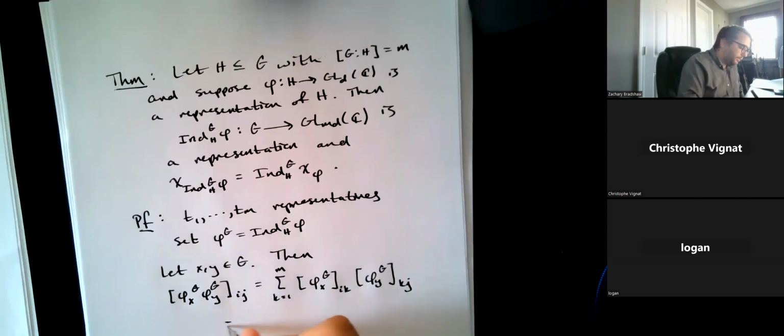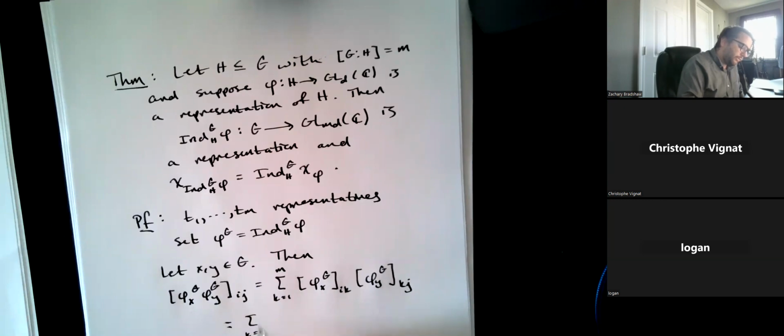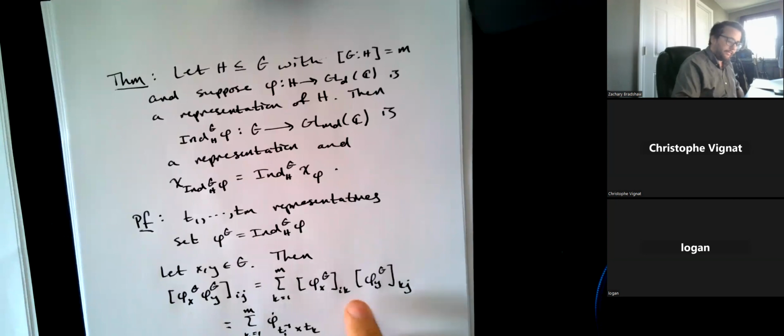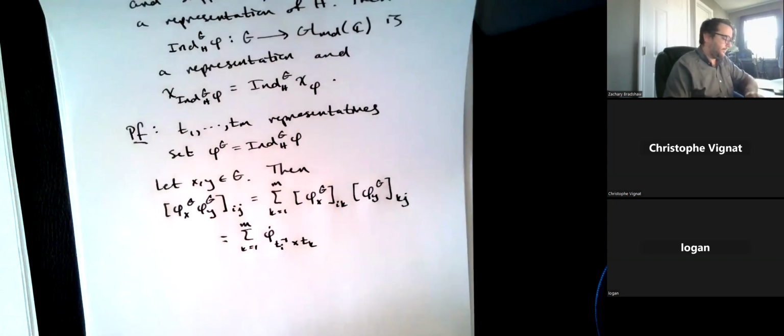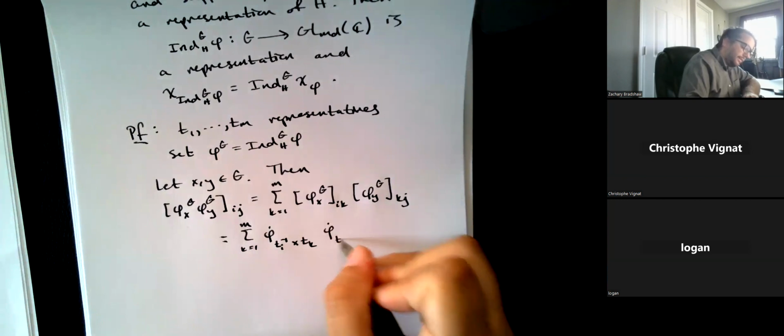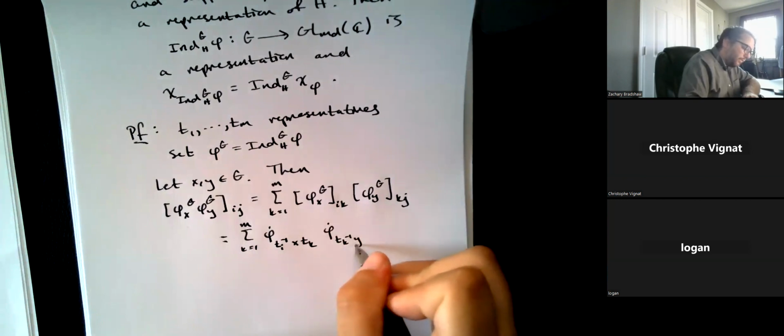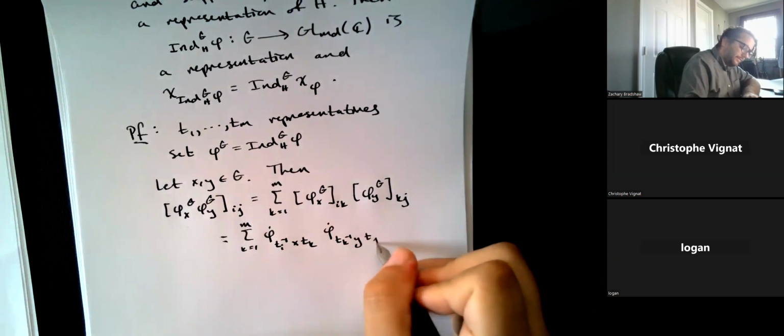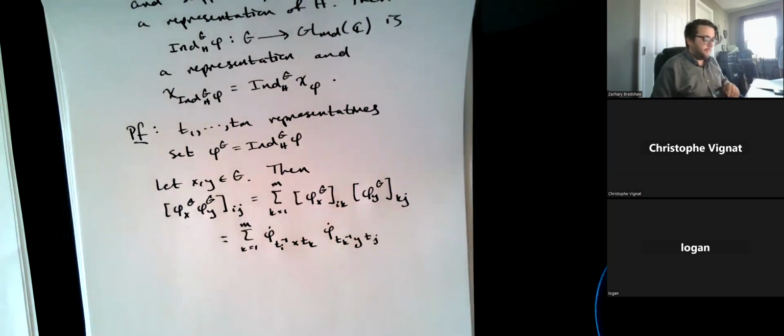And this is equal to the sum from k equals 1 to m of phi dot (t_i inverse x t_k), right? And then phi dot (t_k inverse y t_j). Okay. So that was our definition of phi^G.